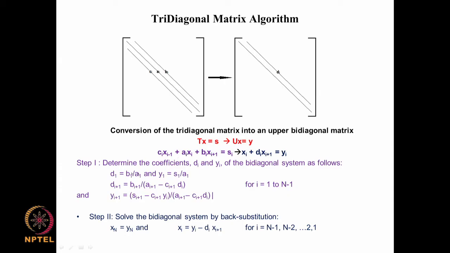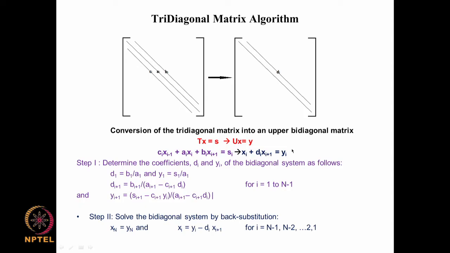To begin with, we evaluate d1 equal to b1 by a1 and y1 equal to s1 by a1, and from then onwards we put di plus 1 equal to bi plus 1 divided by ai plus 1 minus ci plus 1 di. If you look at this, for i equal to 1 you get d2 equal to b2, which is known, divided by a2 minus c2 times d1, where d1 is already evaluated here.